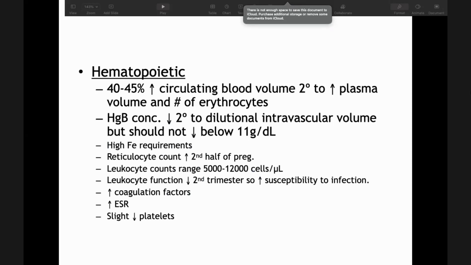And the hemopoietic system also, in the blood there will be an increased volume of blood cells, and plasma volume will also increase, but the increase of plasma volume is more than the red cell concentration, so there will be a hemodilution. Okay, and leukocyte count will increase.